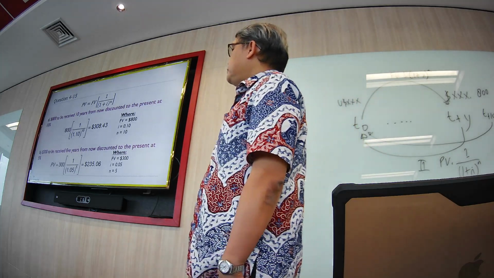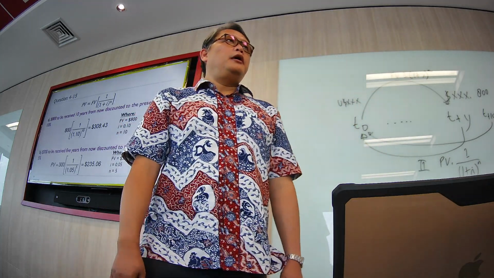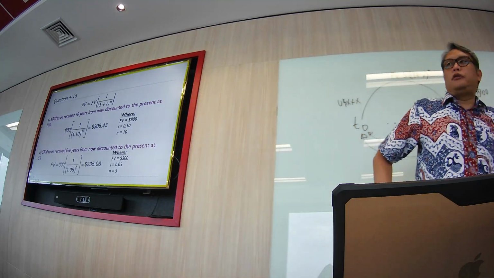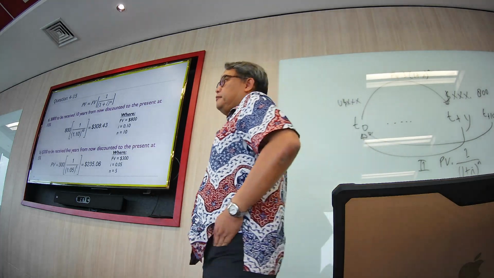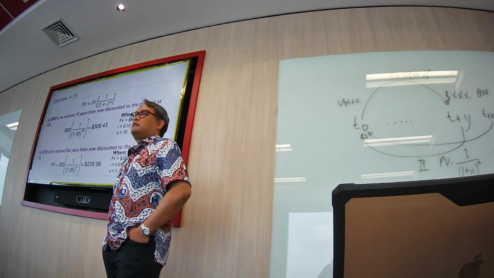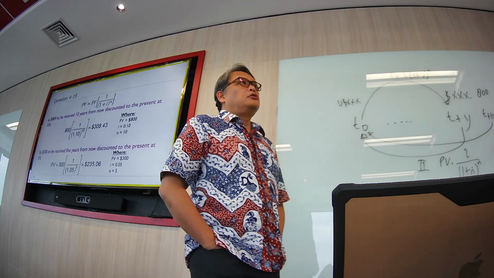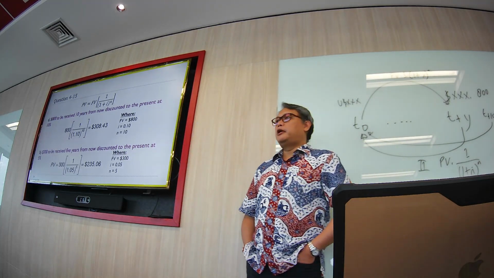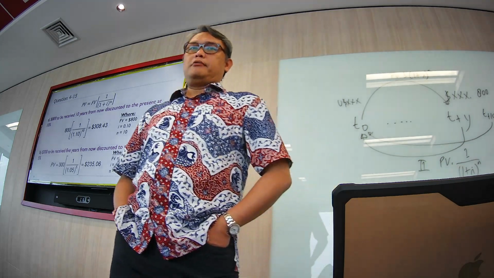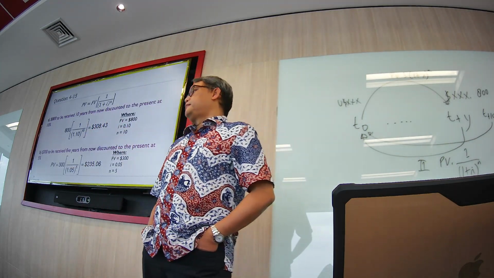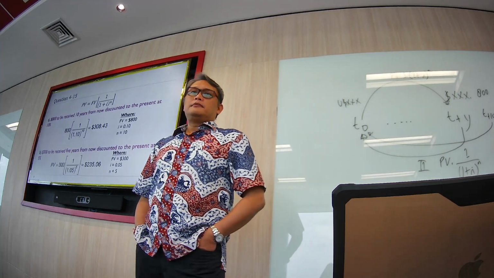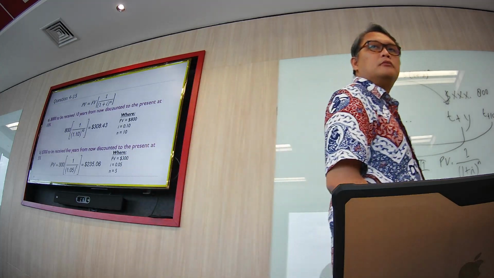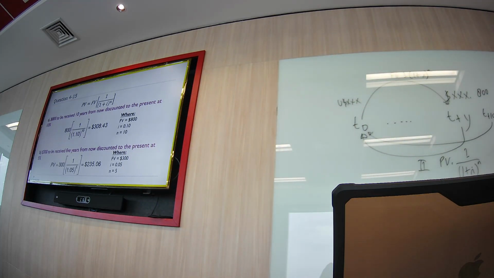For A, 308.43. Then for B, 235.06. So this is the present value. So you are discounting the value you are going to get in T plus 1 years from now.